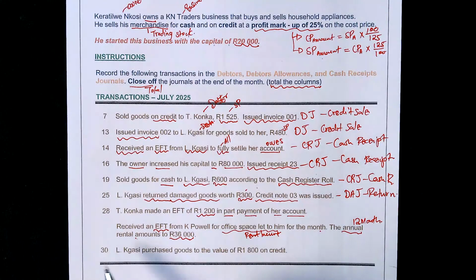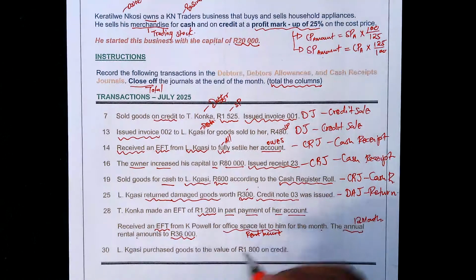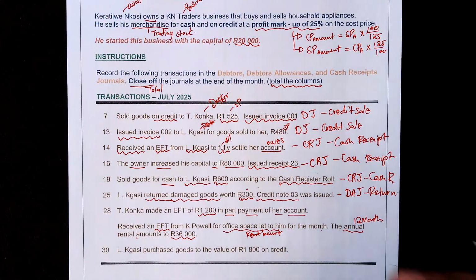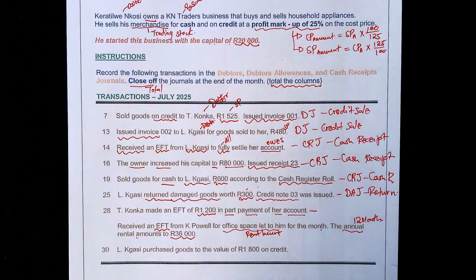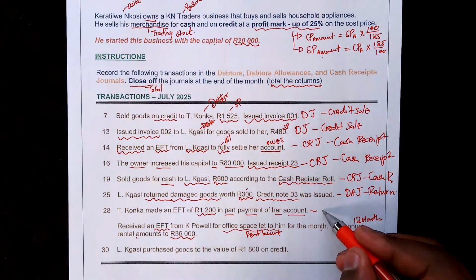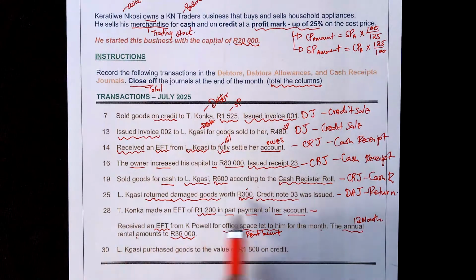Okay, and then on day 30, El Khasi purchased goods to the value of 1,800 on credit. Before I move on, let us name the journal that this transaction will be recorded in.